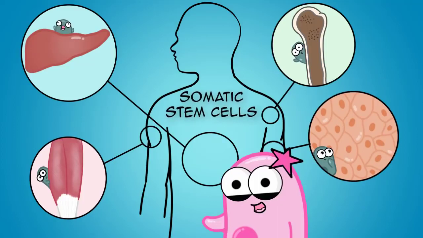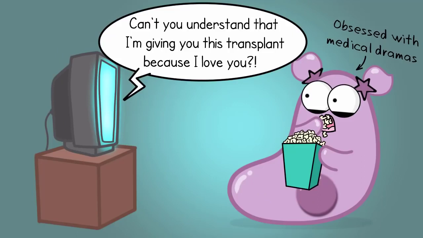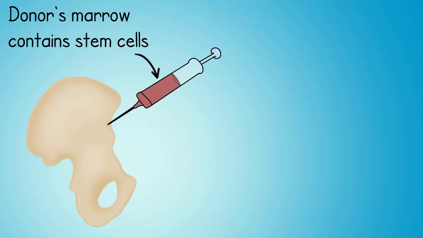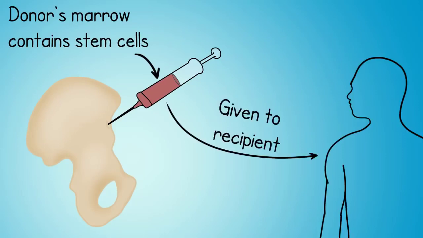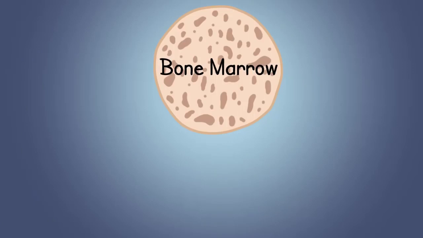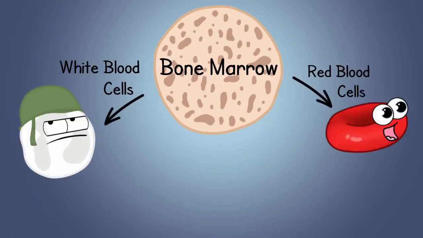To give some relevance to this, it's likely you've heard of bone marrow transplants before. Well, bone marrow transplants actually involve transplanting a portion of healthy bone marrow, which does contain bone marrow stem cells, with the idea that those donor stem cells can help regenerate different types of blood cells, since bone marrow is like a blood cell making machine. It contains stem cells that differentiate into different types of blood cells.